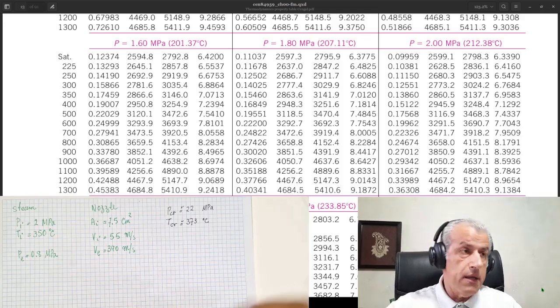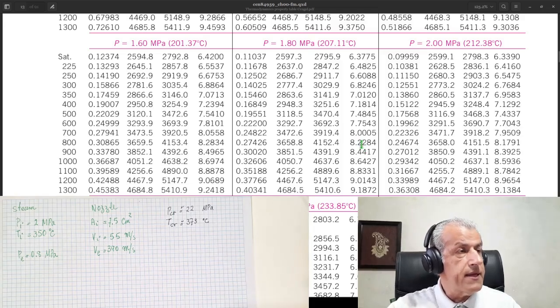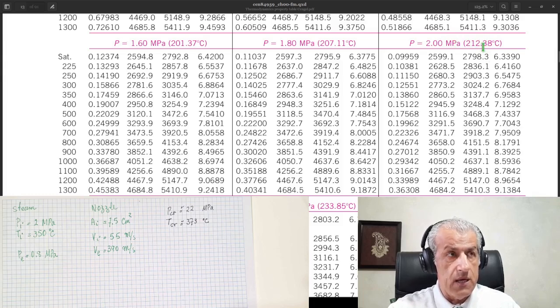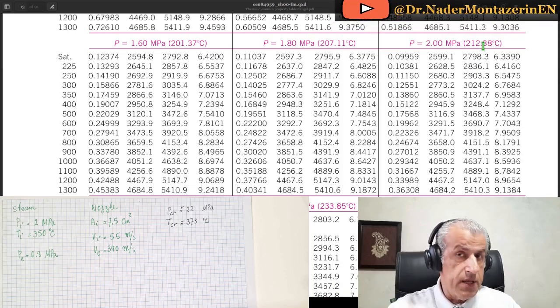Now, another look at the table. In the superheat table, we see that for the pressure of 2 megapascal, the saturation temperature is 212 degrees C.